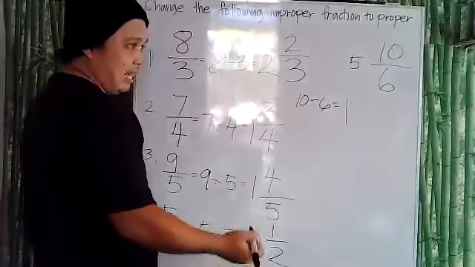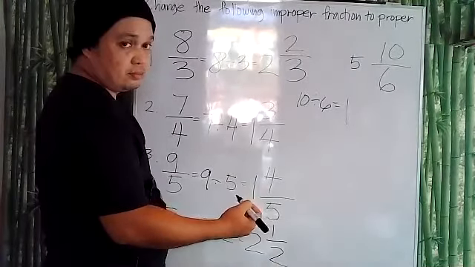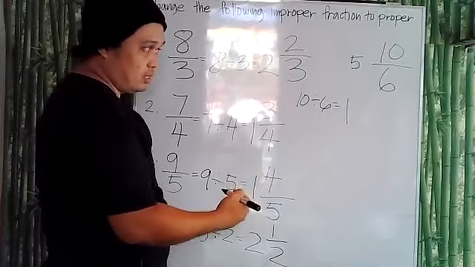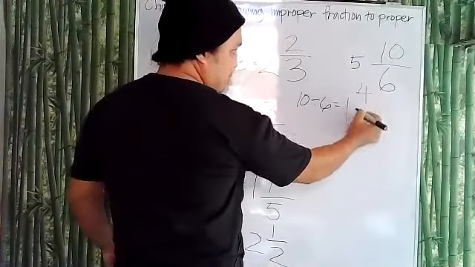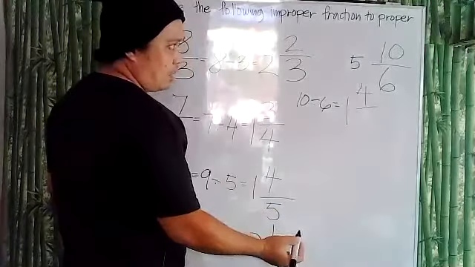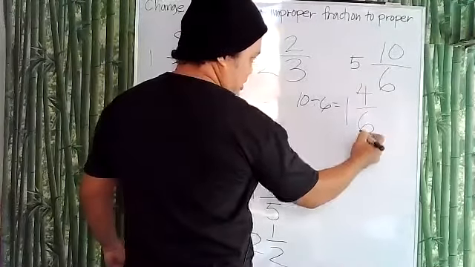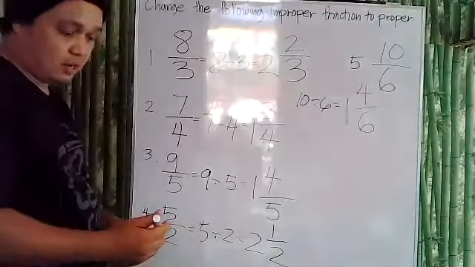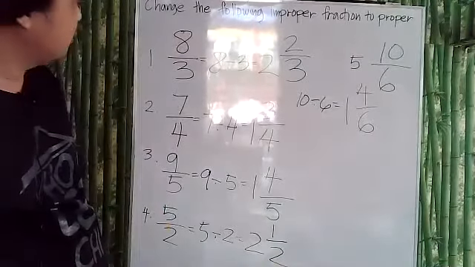And the remainder here is 4, because 6 plus 4 is 10. So 4 becomes the numerator, and our original denominator here is 6. It becomes 1 and 4 sixths. Okay, so that's the answer for test number 1.